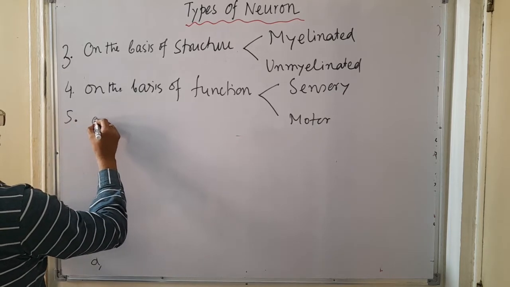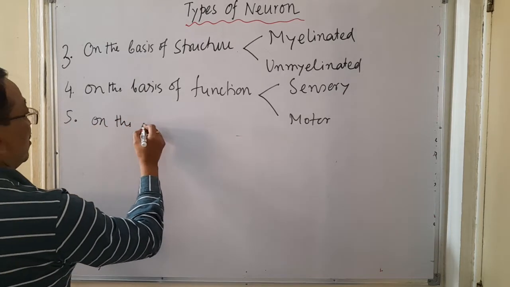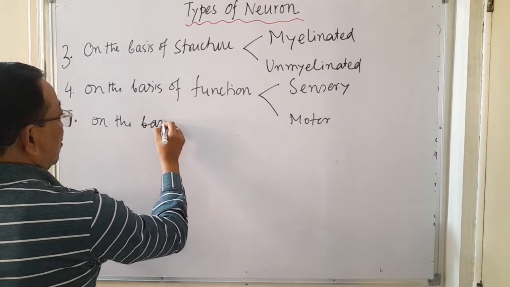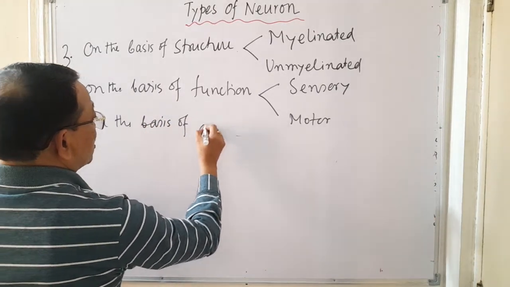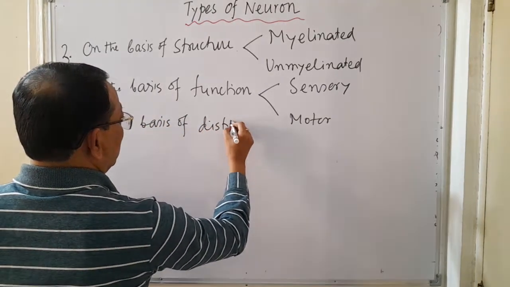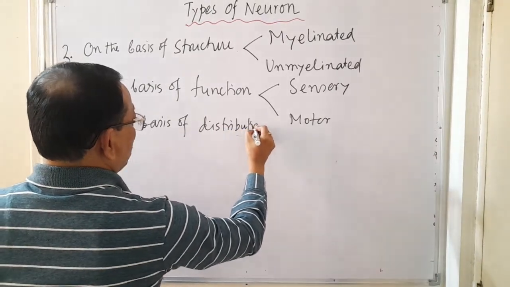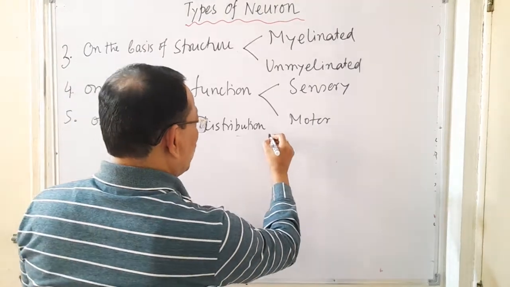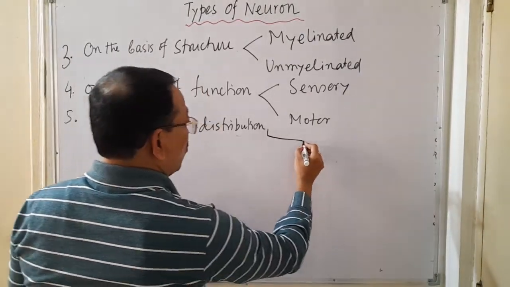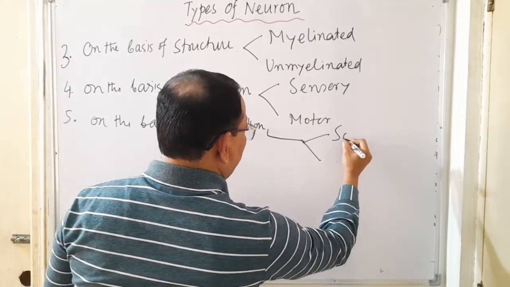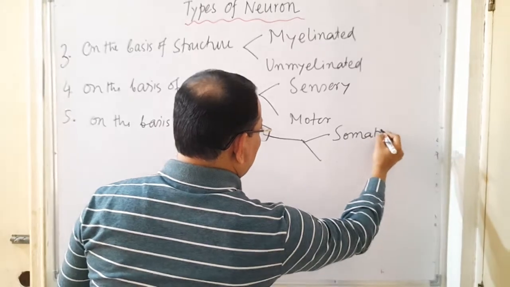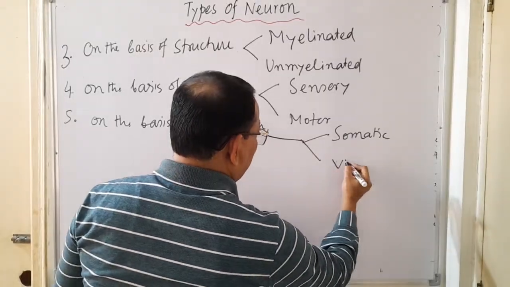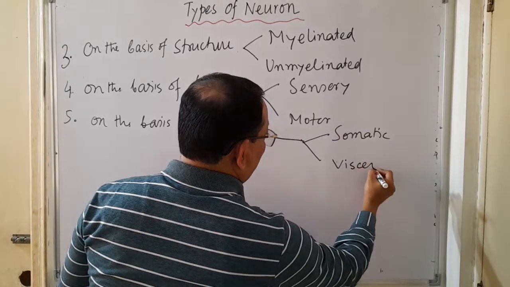Now on the basis of distribution, again there are two types of neurons. One is known as the somatic neuron and another one is known as the visceral neuron.